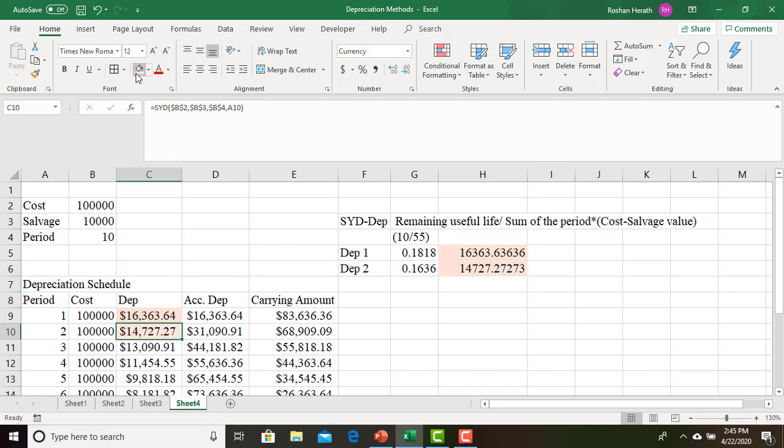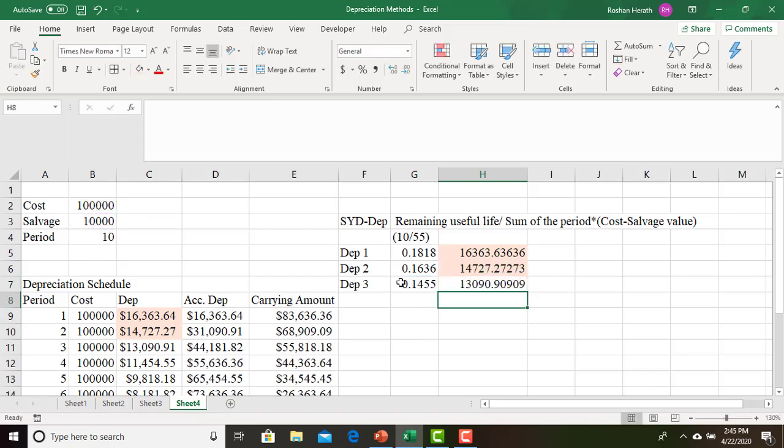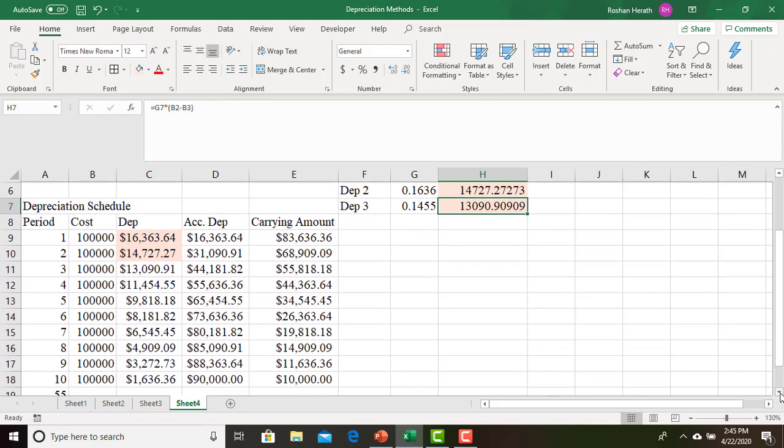Likewise, you can keep doing that. For period 3, only 8 years is left out of 55, so it is this percentage multiplied by cost minus salvage. It keeps going and it is equal. So this is how you do it under the sum of year digit method.